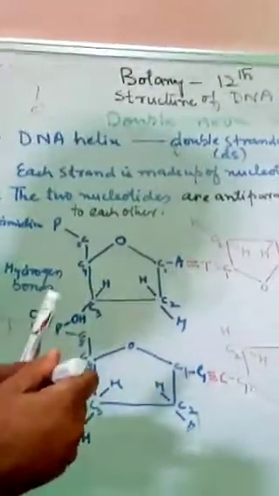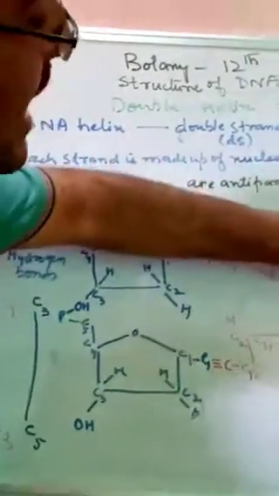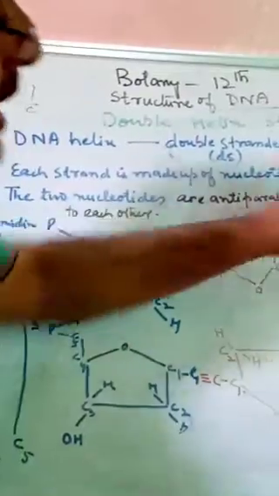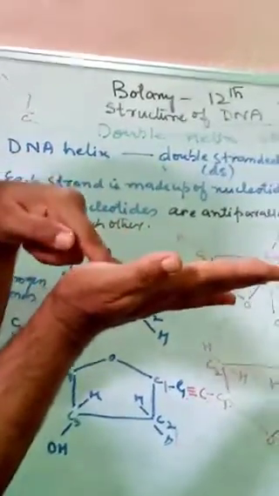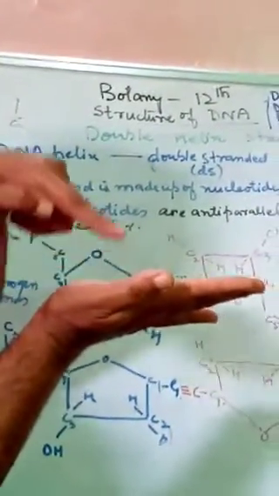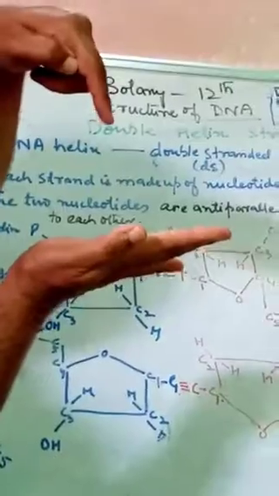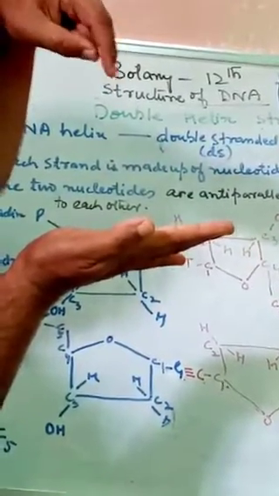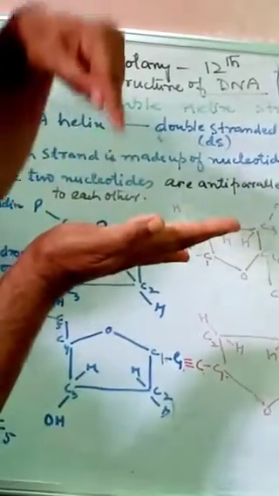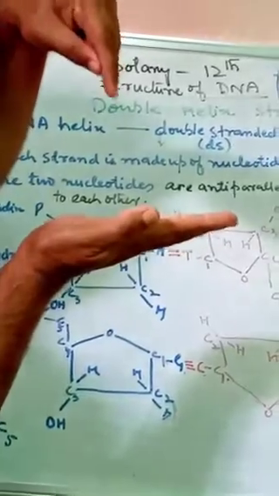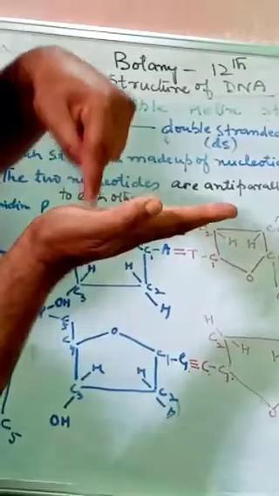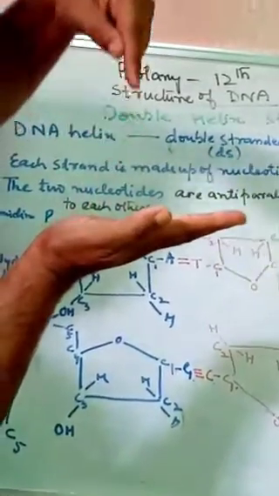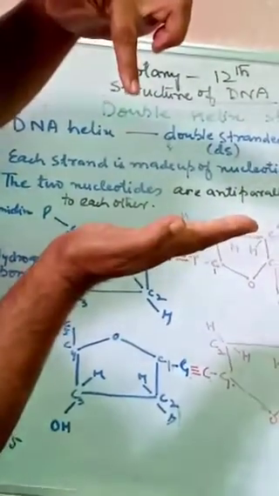To explain the next term, if we take this helix structure, we will compare it to a spiral staircase. The first step of the staircase is a spiral. When the consecutive steps, the first and the second, which are in the same line, parallel to each other, we call that one turn.